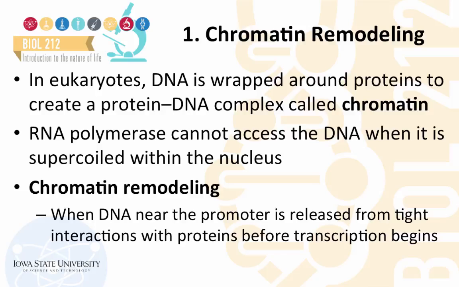In eukaryotes, DNA is wrapped around proteins to create a protein-DNA complex called chromatin. This prevents RNA polymerase from accessing DNA when it is tightly coiled within the nucleus. Chromatin remodeling involves DNA being released from its tight interactions with proteins near the promoter before transcription begins.